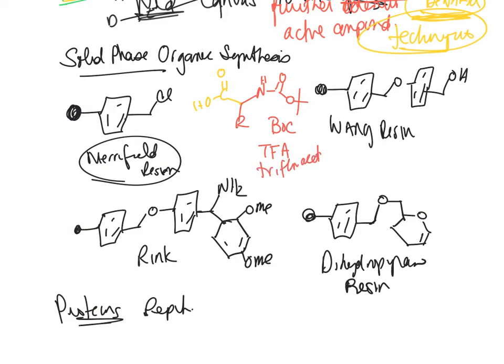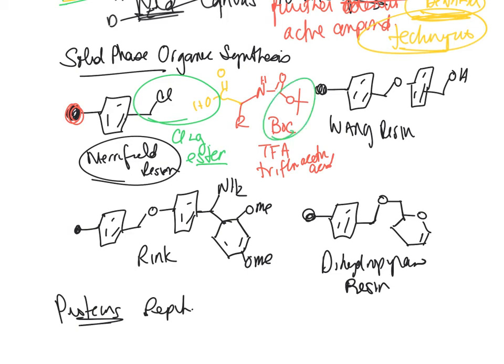trifluoroacetic acid. And your resin is this polystyrene bead, and then what happens here is you can make an ester linkage here. So the chlorine is your leaving group, and you make an ester. And so then you can take off the Boc group and continue on the reaction.